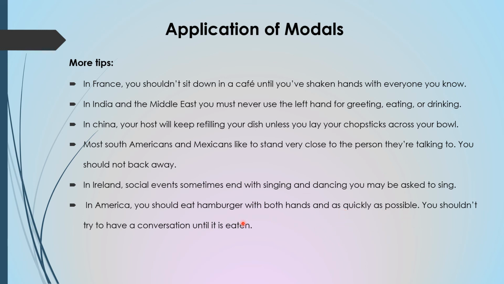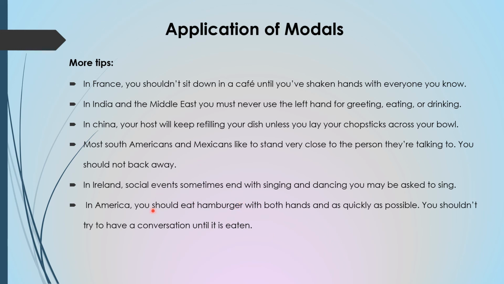You should not try to have a conversation until it is eaten. So look at the contrast. In India and the Middle East, you must never use the left hand for greeting, eating, or drinking. In America, you should eat hamburger with both hands. So that means you can use your left hand as well to eat hamburger.